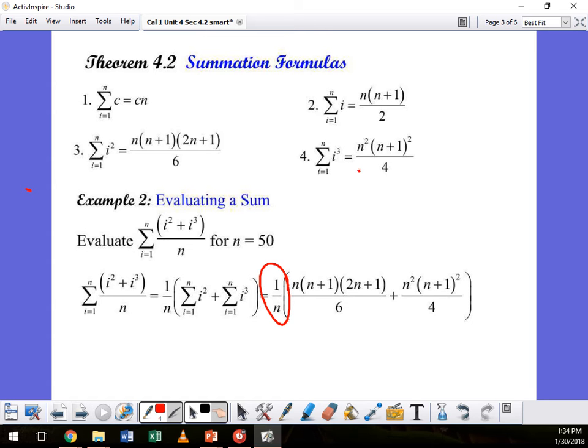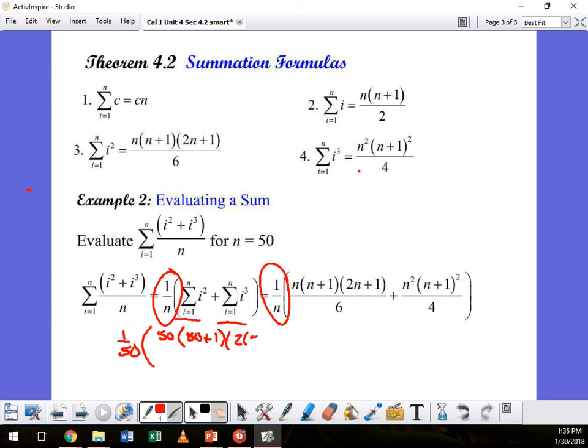And then we have this set up. So we're multiplying this plus this, which comes out right here. If I were to do this, I would just plug in 50 for n each time. So it'd be 1 over 50 times 50 plus 1, 51, 50 plus 1, 101.